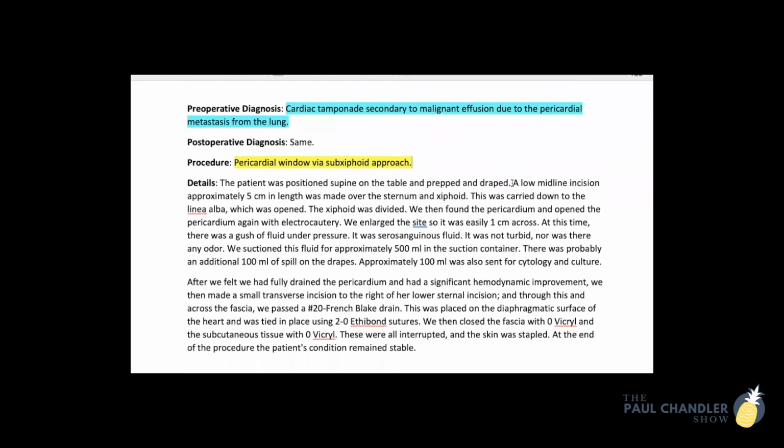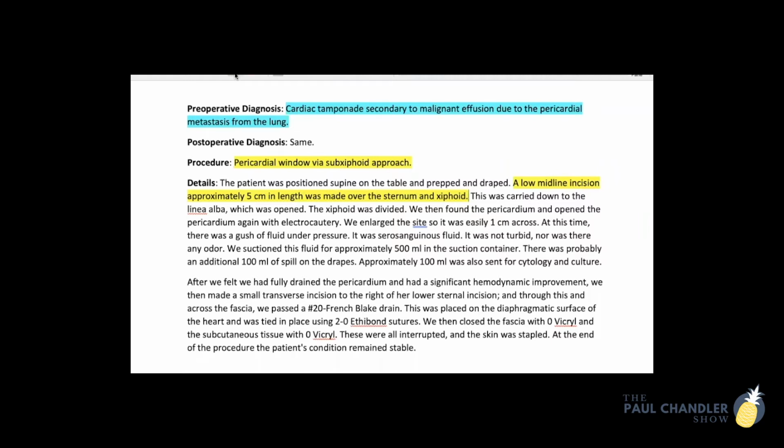A low midline incision, approximately 5 centimeters in length, was made over the sternum and xiphoid. That seems important. That has something to do with the procedure. In this case, it's telling us the approach, how it went in.